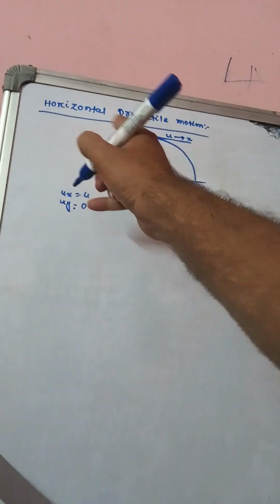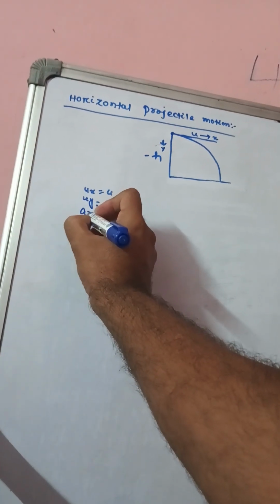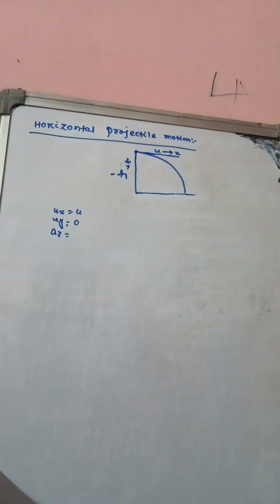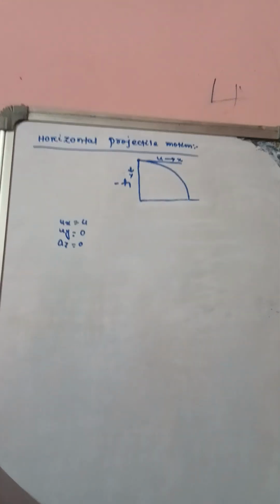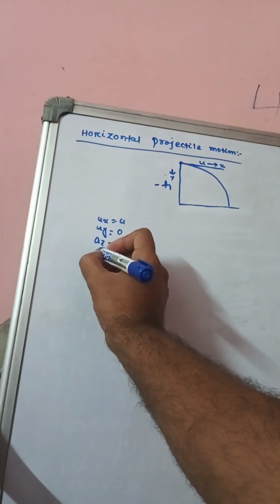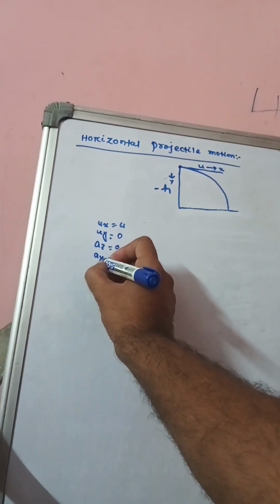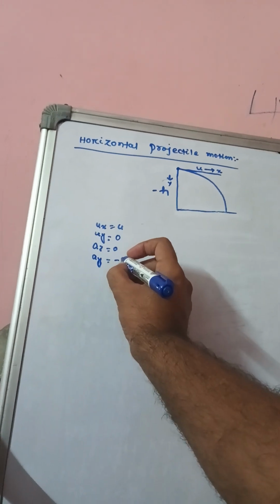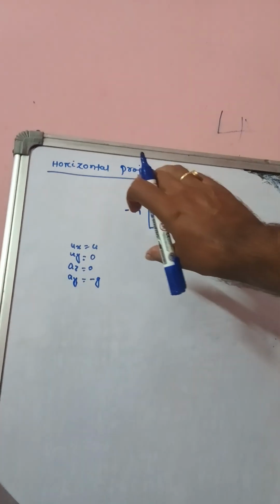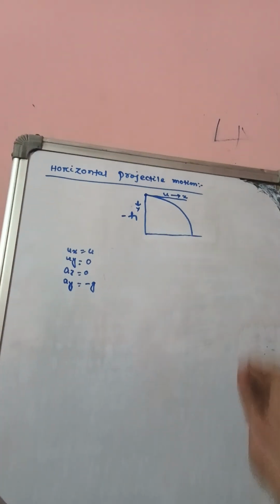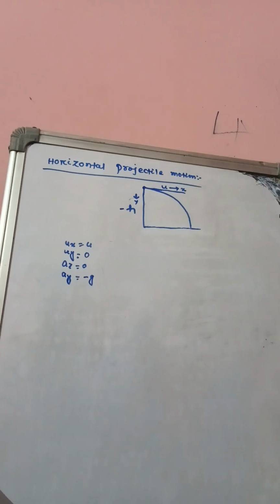There is no movement in the y-axis. So acceleration along the x-axis will also be 0, and acceleration in the y-axis is minus g because it moves downward. When a body moves downward, its acceleration due to gravity is negative g.